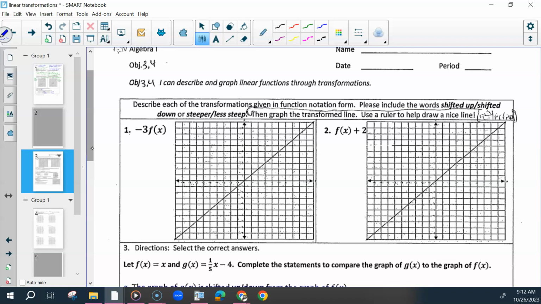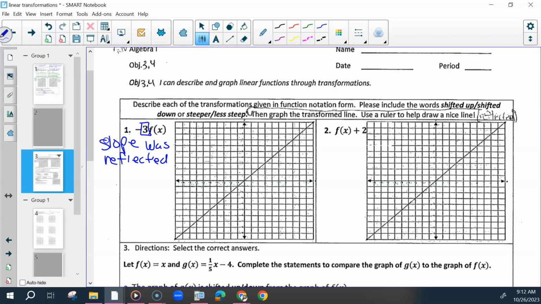So what happened in number 1? What changed? The slope. What about it, Isaiah? Reflected. The slope reflected. Was that the only thing? It's less steep by 3. So just the 3 is the steepness.